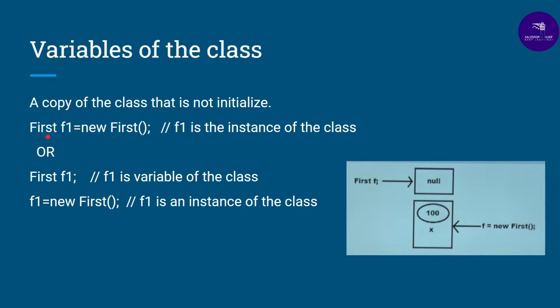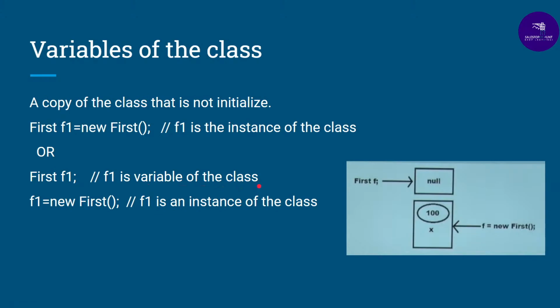Please focus. Let's say I have one class called first, and I just initialize f1 with the help of the new keyword. We can create the instance, right? You know very well, f1 is the instance of the class called first. So this is the first class instance called f1, right? Or we can say that in first f1, f1 is a variable of the class, right?